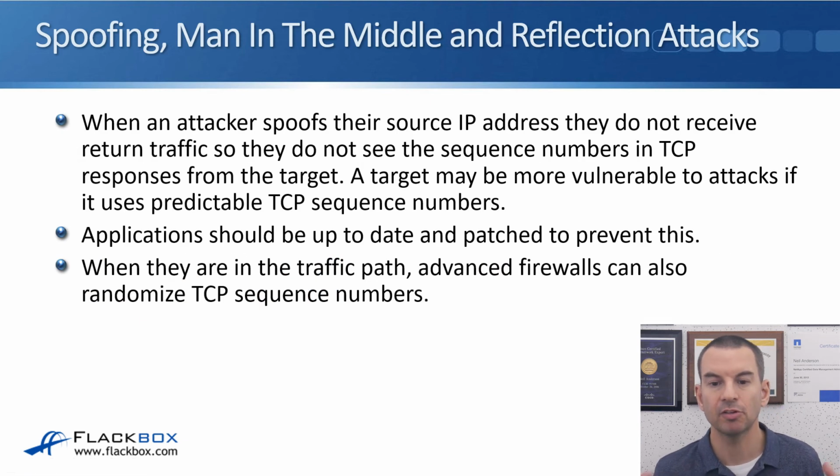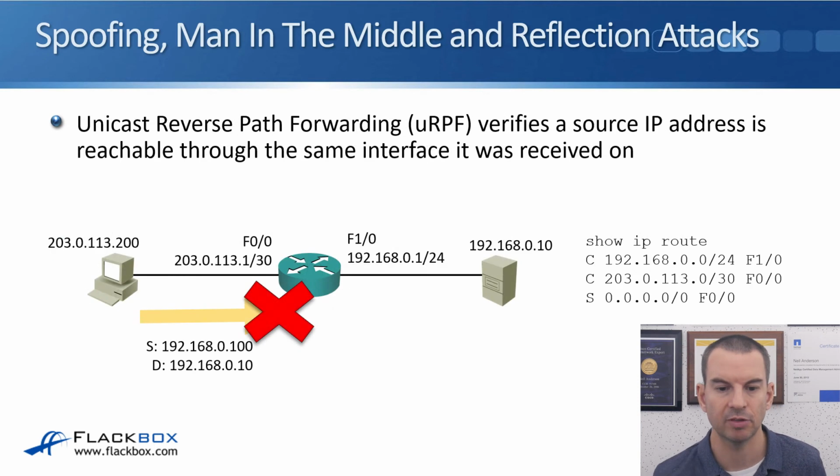When an attacker does spoof their source IP address, they don't receive return traffic, so they do not see the sequence numbers in TCP responses from the target. Going back to the previous slide again, let's say that we didn't have URPF on here, and that the host on the left here did send in a packet with a spoofed source address of 192.168.0.100.